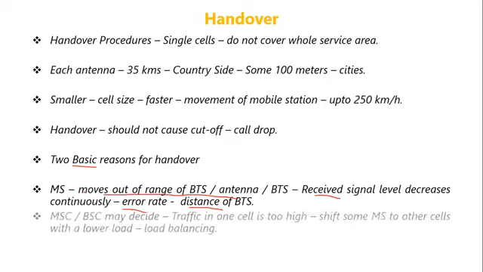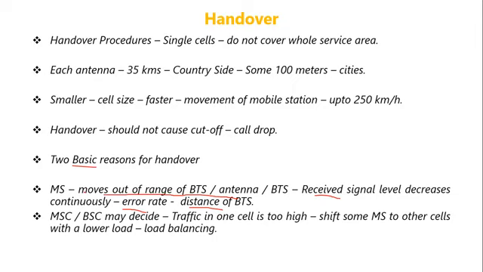The second reason for handover is that the wired infrastructure, like MSC or BSC, may decide that the traffic in one cell is too high and shift some mobile stations to other cells with a lower load. So here handover is done for load balancing.